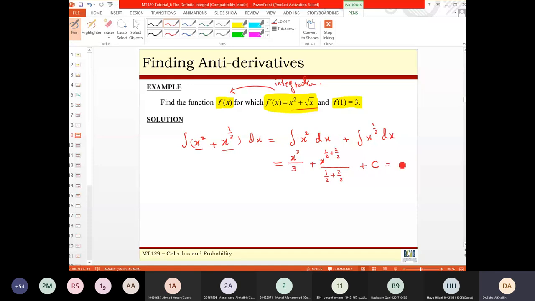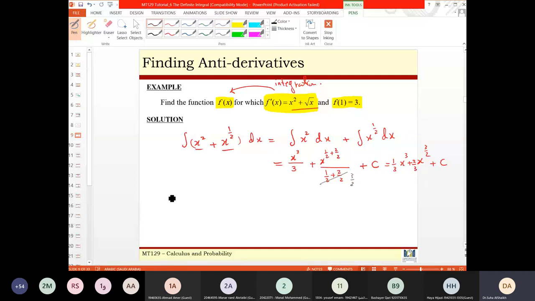This equals third x to the power 3, and this will be x to the power 3 over 2 divided by 3 over 2, which is 2 over 3, plus the integration constant c. Right? Because when I divide by 3 over 2, the denominator becomes the numerator, so it will be 2 over 3.